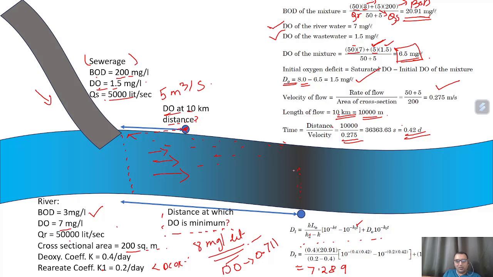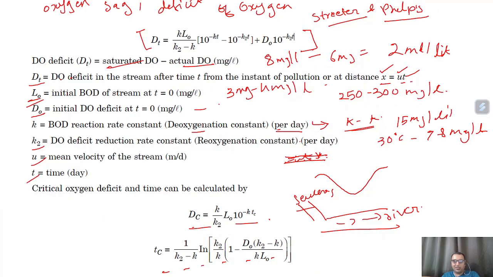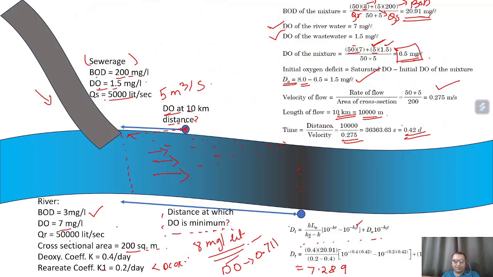Now let us find out our next term, that is, what is the distance at which the DO is minimum. This can be calculated by, as I said, using the T critical formula: find the time, and once you have the time you can find T critical into velocity. Now let me just write directly for you here.